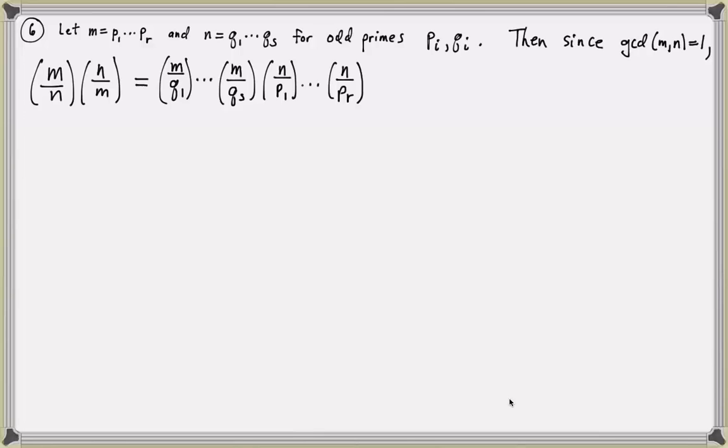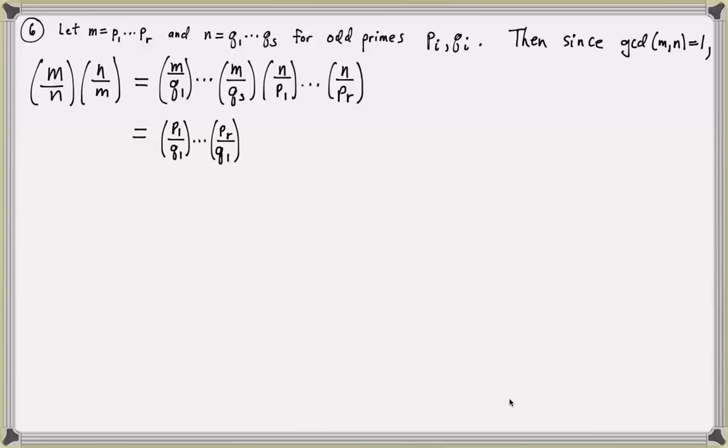And now I can use the properties of the Legendre symbol to break up the factors m and n. So I'm going to get a lot of factors here. So m over q1, I can write that as p1 over q1 up to the product of pr over q1.